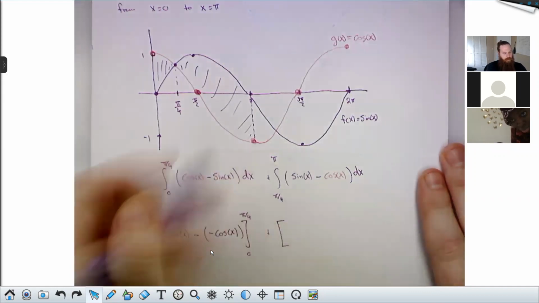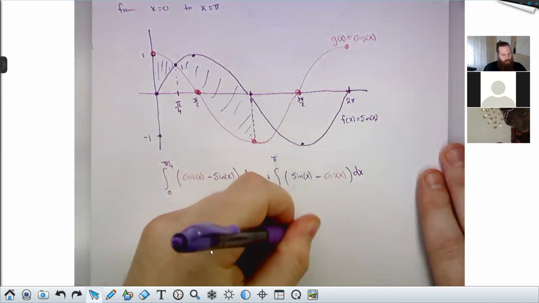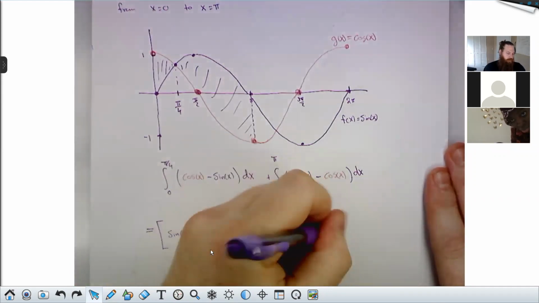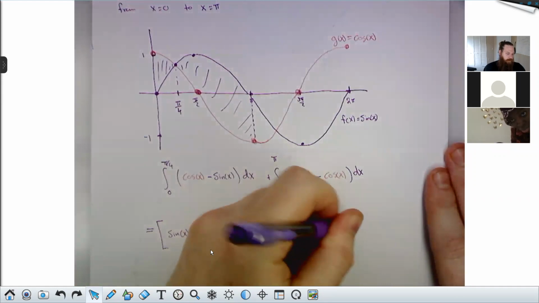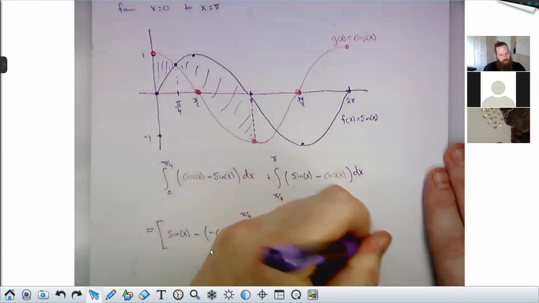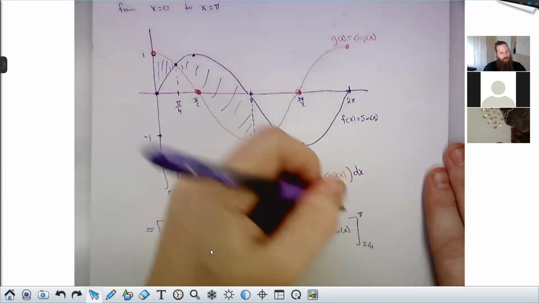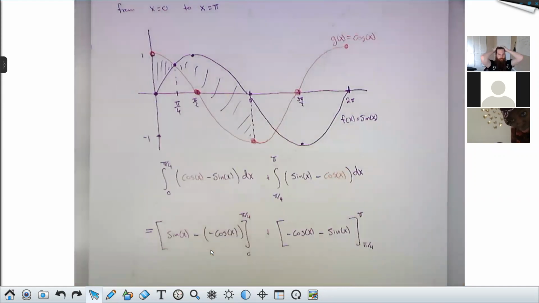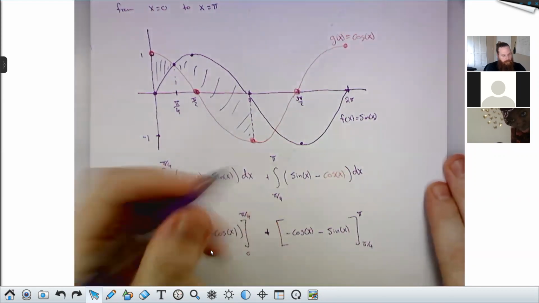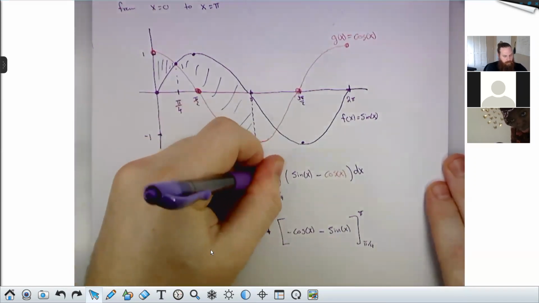An antiderivative for sine is again negative cos, minus an antiderivative for cosine, which is positive sine. And this piece gets evaluated from pi over 4 to pi.